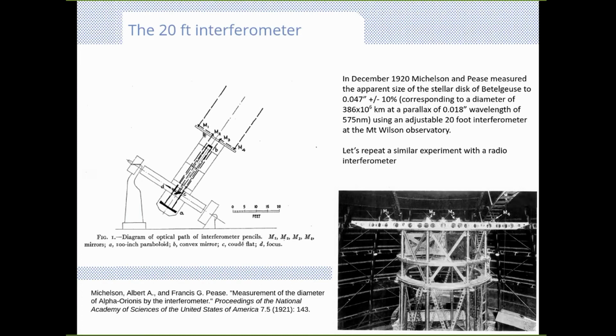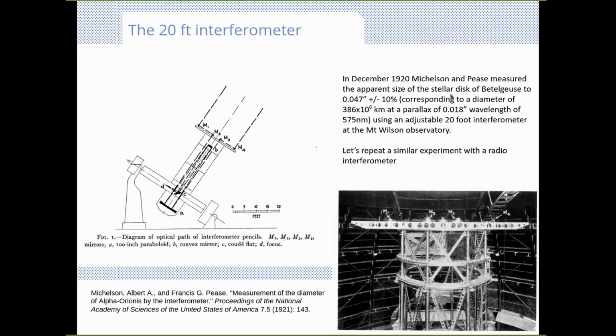These mirrors are adjustable, so when they adjusted them to a distance of about 121 feet, they saw that the fringes they got from pointing this interferometer at Betelgeuse disappeared. And this is exactly how they measured the apparent diameter, or the apparent scale, of the star, and then they could relate that to the diameter.